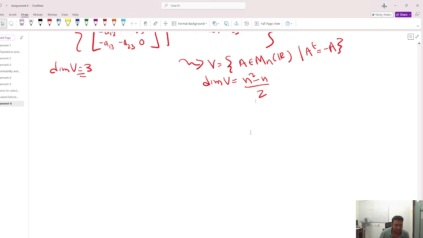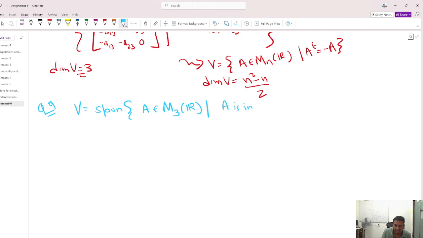Good. Now, let's go to question number 9. You are now considering V to be the span of all A in M3R such that A is invertible. So what can you say about this?